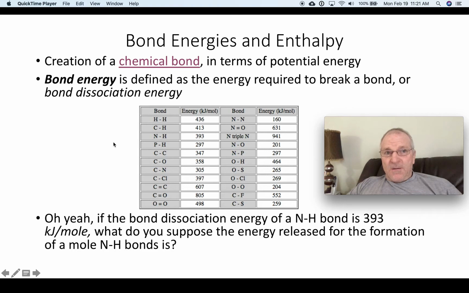So it's strictly a function of the algebraic sign on the energy associated with the bond, one of them being broken, one of them being formed.